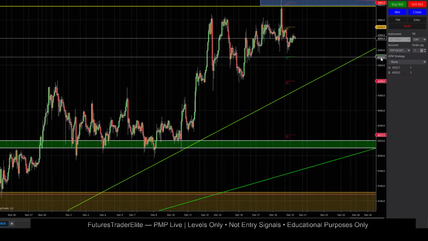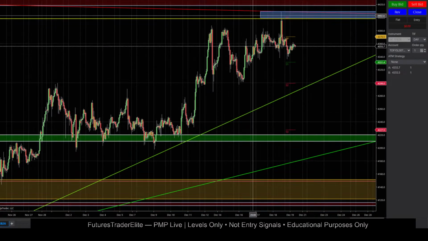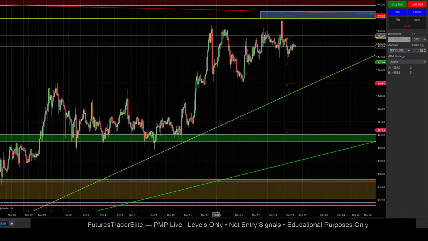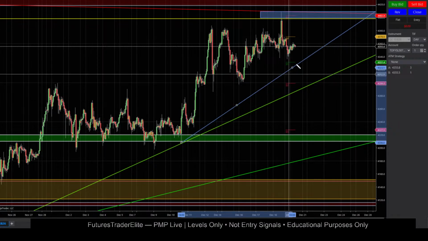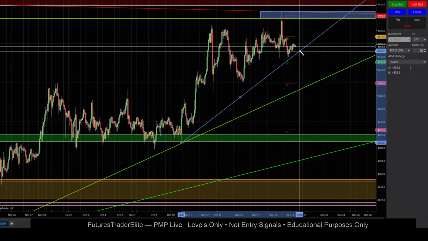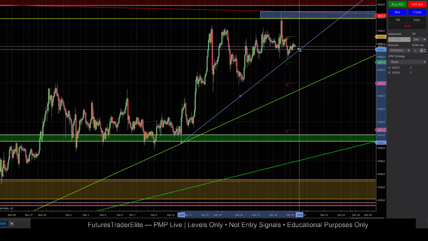We got a 1 hour overhead bearish trend line. We can really take another line and put it in here. Another trend line, say from here to about right there. That'd be a 1 hour as well.